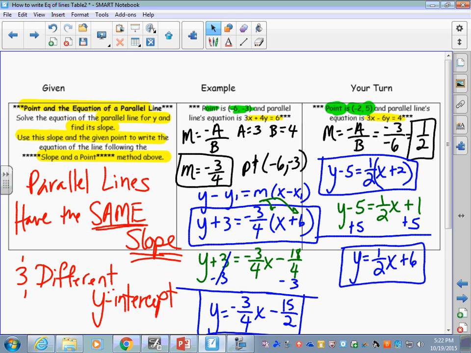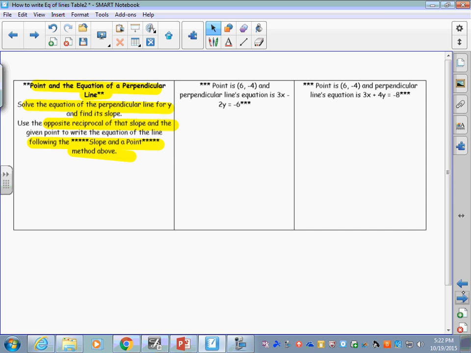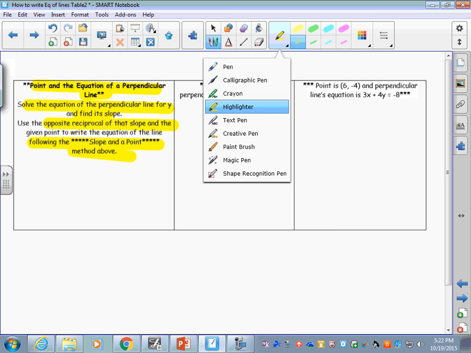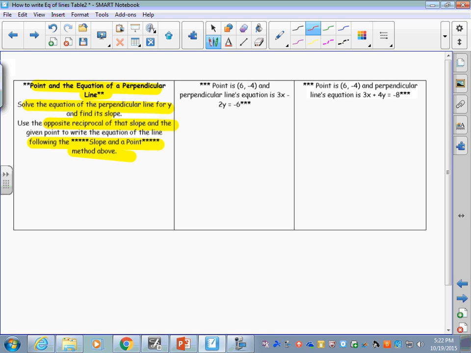Alright, so that's dealing with parallel lines. Besides parallel lines, we're also going to look at perpendicular lines. Now, perpendicular lines, the symbol for perpendicular is an upside down T. Their slopes have what I'm going to abbreviate as opposite reciprocal slopes.